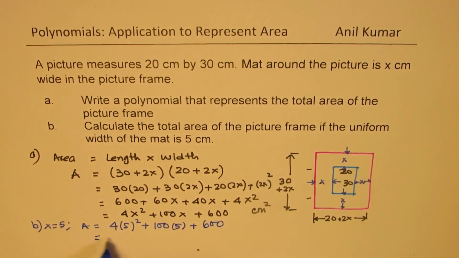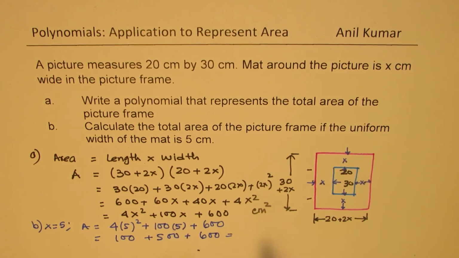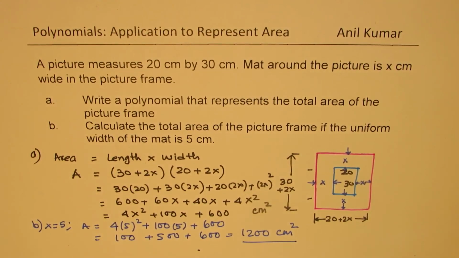Clear? So 4 times 5 square, 25 times 4 is 100, right? Plus 500 plus 600. See, 5 square is 25 times 4 is 100, 500. 600, 600, 1200 centimeter square becomes our answer. Is that clear? So that is how we could actually solve this particular question.